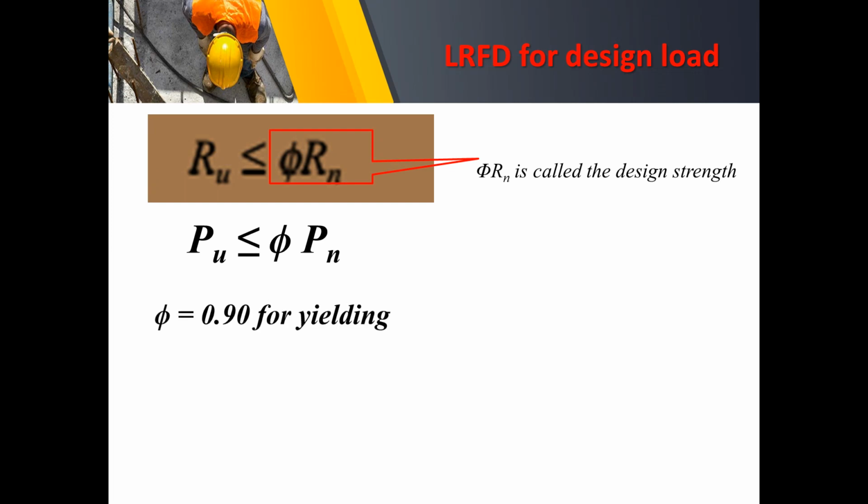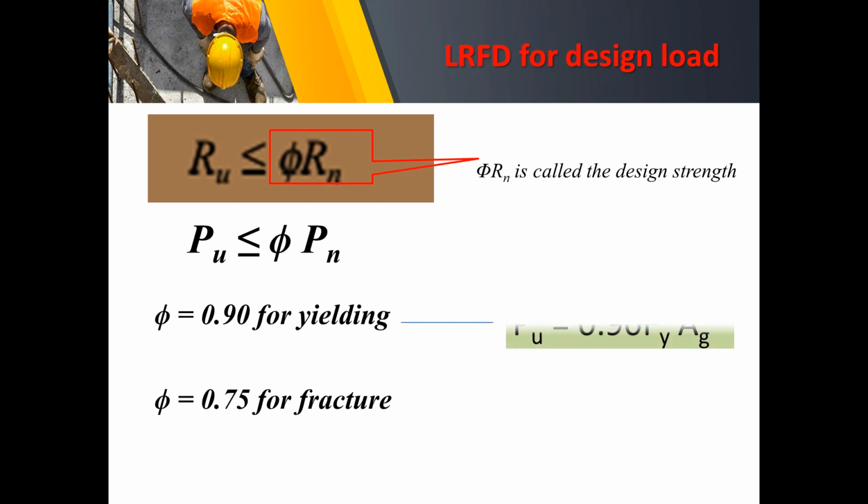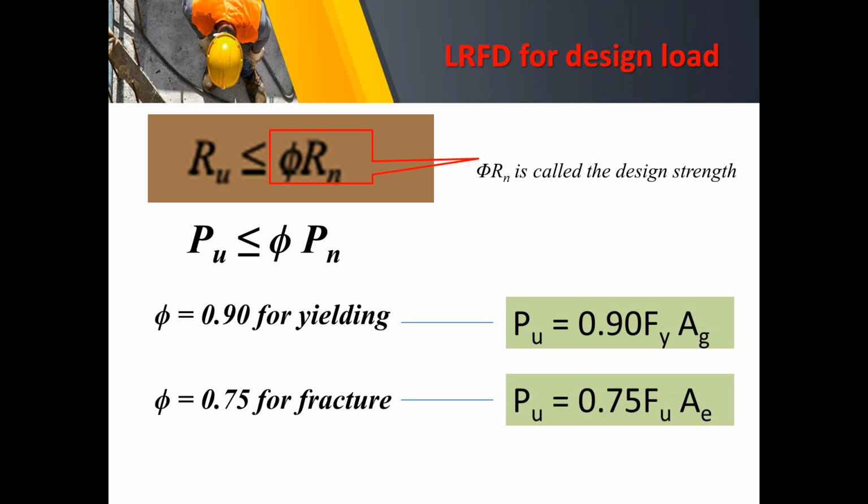So phi is equal to 0.9 for yielding, while phi is equal to 0.75 for fracture. So we will come up with a formula that Pu shall be equal to 0.9 Fy Ag, while for fracture, Pu is equal to 0.75 Fu times the effective area.